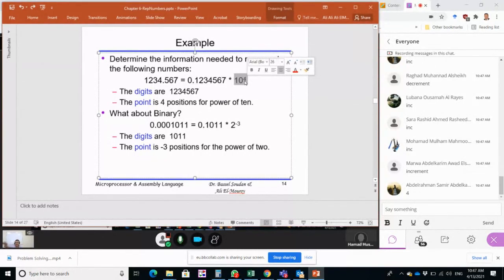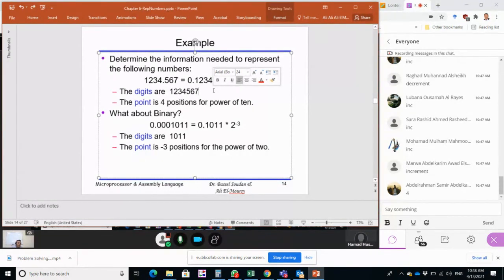Shifting the decimal point to the left increments the power of 10, each shift incrementing by 1. So I will store 1, 2, 3, 4, 5, 6, 7 in the mantissa part, and I will store the small number 4 in the exponent part. How will this be different for the binary?